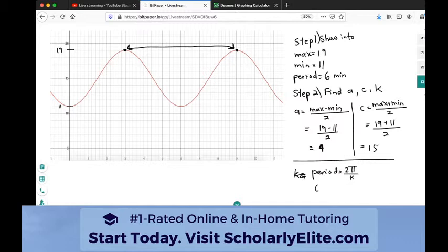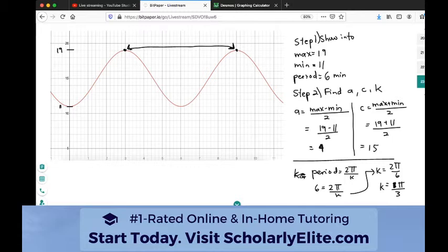The period is 6, so this is just going to be this. And then when we rearrange this, we get k equals 2 pi over 6, which can be reduced to pi over 3. Okay, so now we've got 3 parts of our situation all figured out.